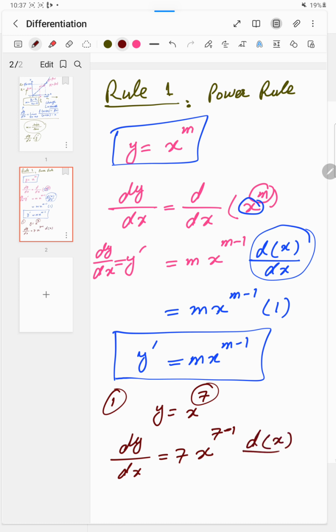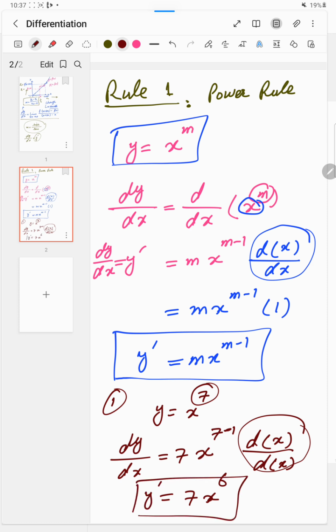The base in this case is x, and we take the derivative with respect to x, so the answer of this is 1. So it becomes 7x raised to the power 6. So this is the power rule, with a related example.